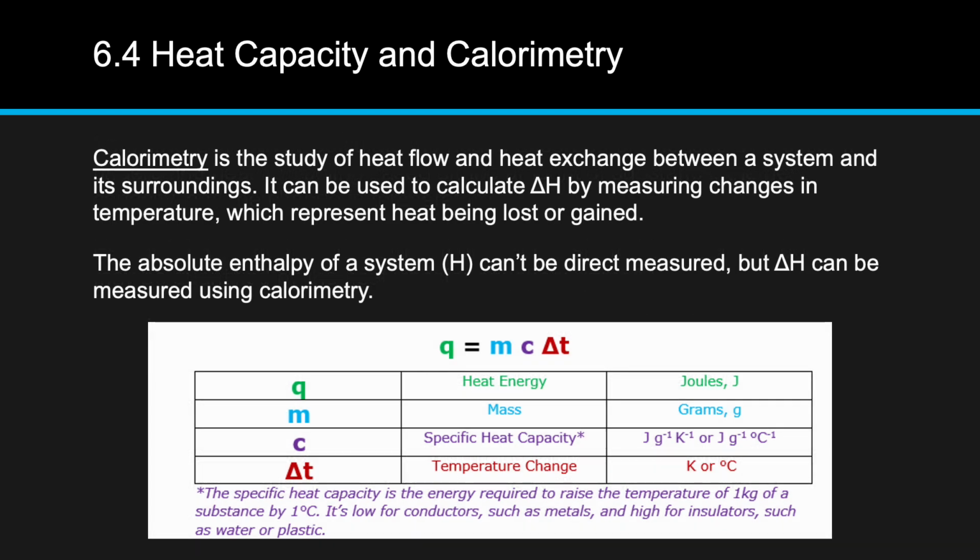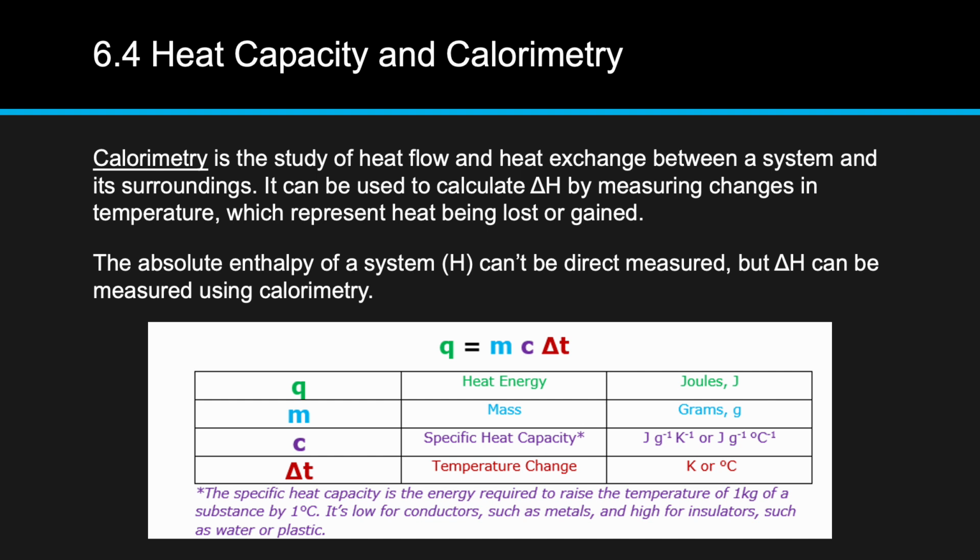Calorimetry is a method that we use to study how heat moves between a system and its surroundings. Because we cannot directly measure the total enthalpy of a system, we instead measure changes in enthalpy by tracking changes in temperature during that exchange, and that's going to be denoted by delta H. This is possible because when heat is gained or lost by a substance, its temperature changes in a predictable way.